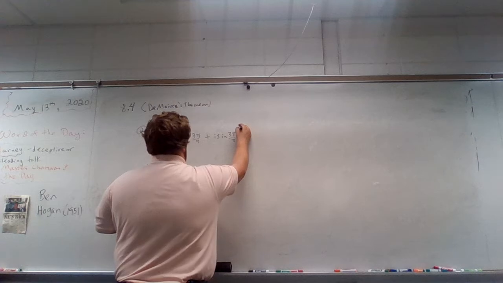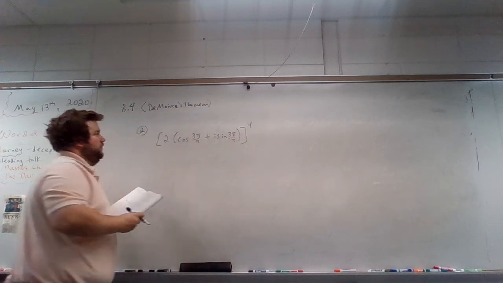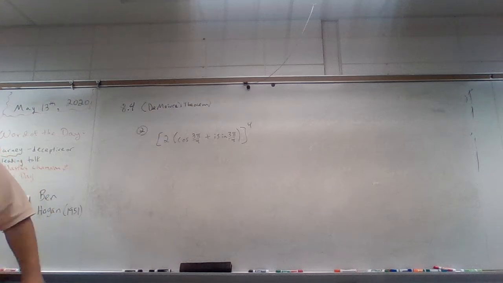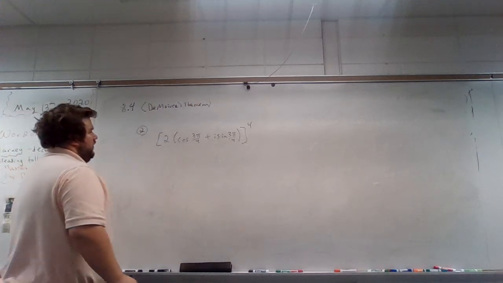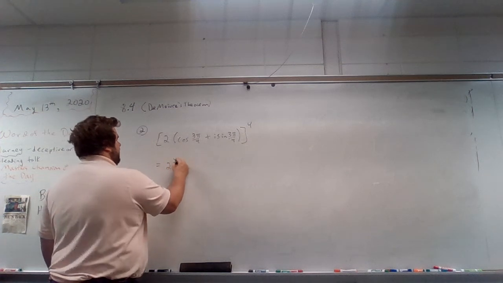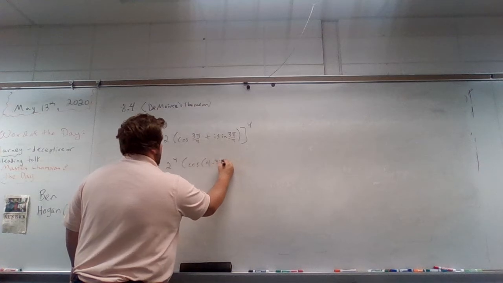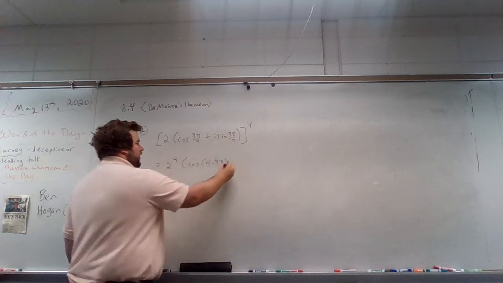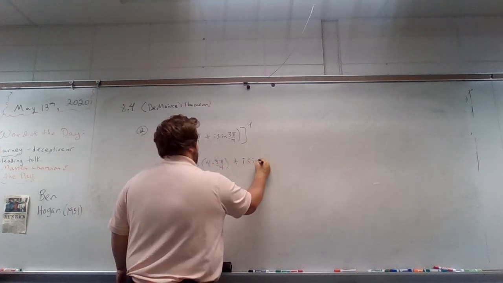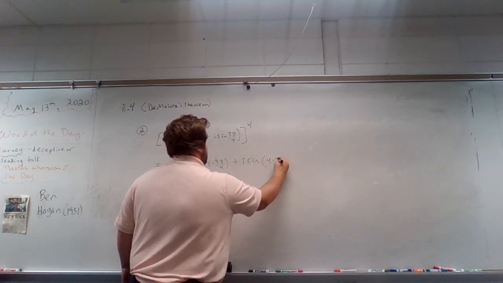And I'm raising that to the fourth power. Okay. So this would be 2 to the fourth, and then cosine of 4 times 3 pi over 4, plus i times the sine of 4 times the 3 pi over 4.